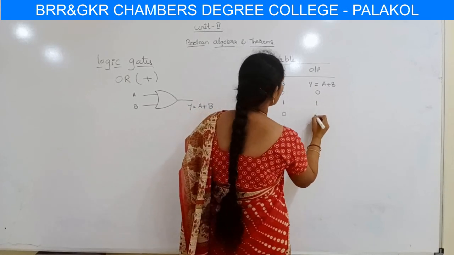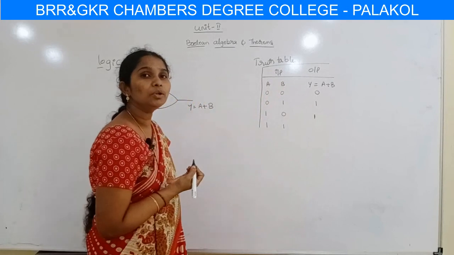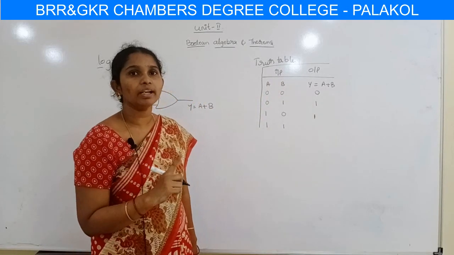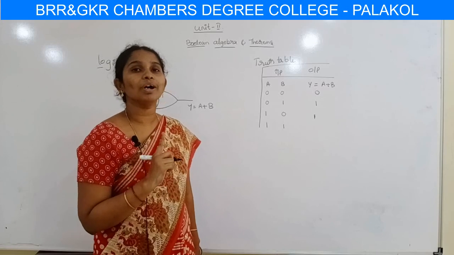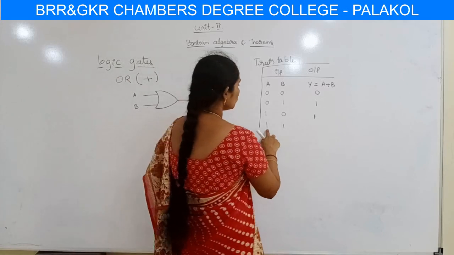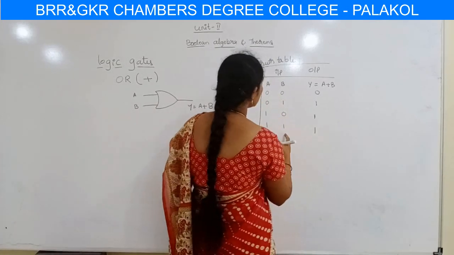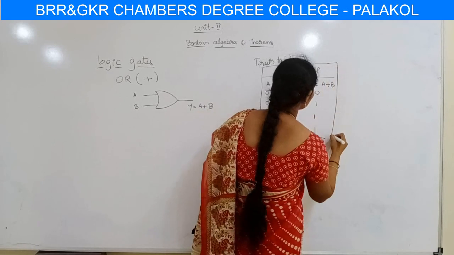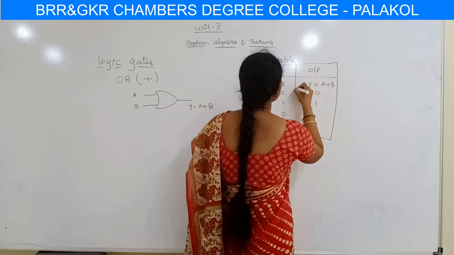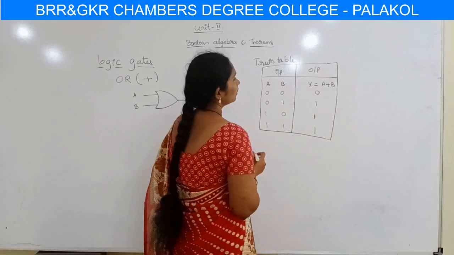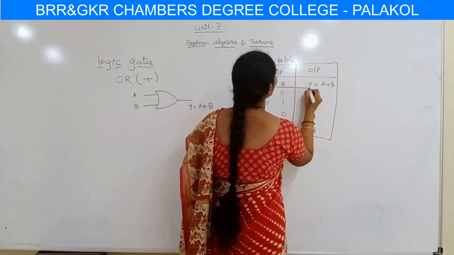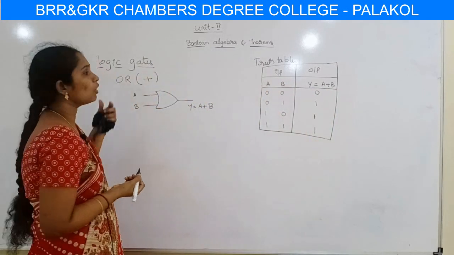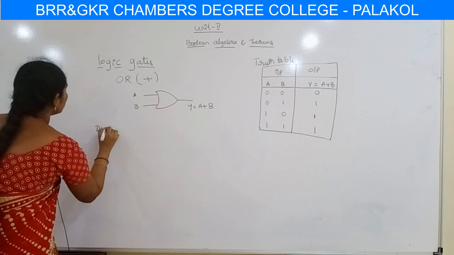And 1 plus 1 is equal to how much? In Boolean algebra, as I already told, 1 plus 1 is equal to 1. But in ordinary algebra 1 plus 1 is equal to 2. Therefore here 1 plus 1 is equal to 1. So this is the truth table of this OR gate. Now we will move to the definition.